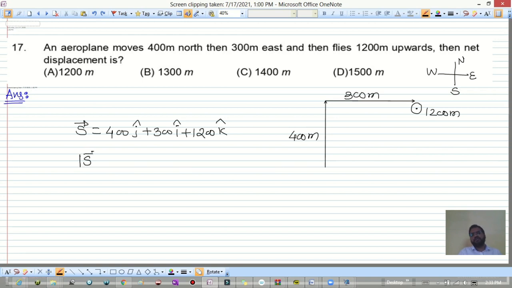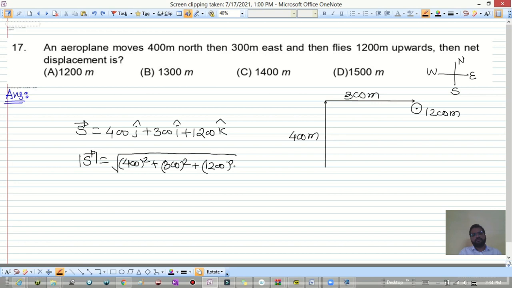So what is the magnitude of the displacement? That is what we want. Which is equal to root of 400 squared plus 300 squared plus 1200 squared, and if you solve this, we can take 100 squared common, so it will be 100 root of 4 squared is 16 plus 3 squared 9 plus 12 squared 144, which is equal to 100 root of 169, and that is 1300 meter is the answer over here.